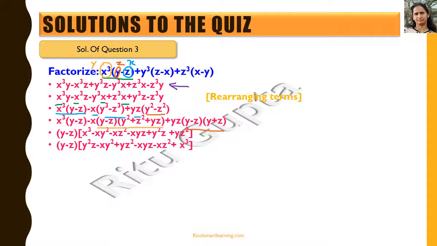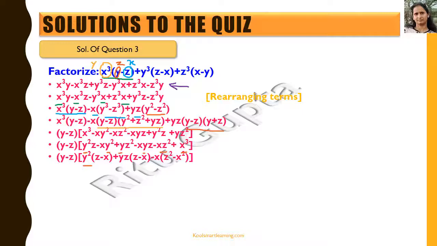Now we arrange them in the order where y square terms are taken first, then the terms with y, and then the terms without y in them. We repeat the steps that we did in the initial three or four steps. We again take out y square here, and we are left with z minus x in the bracket. We take out yz here, and we are left with z minus x again in the bracket.